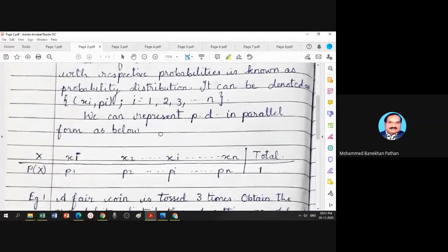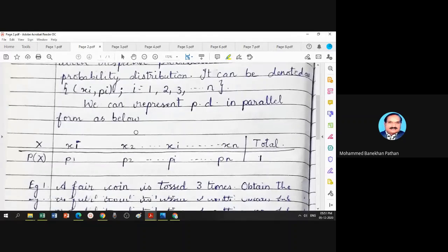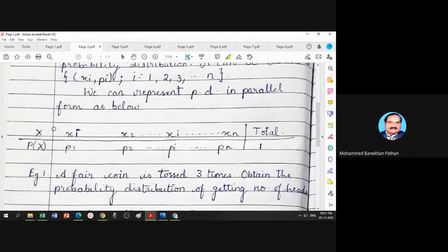So I have the tabular representation of probability distribution. Capital X, put the vertical line here. X taking values x1, x2, at the center xi, general case, up to xn. Then P(x), the probability assigned for every value of x under PMF.